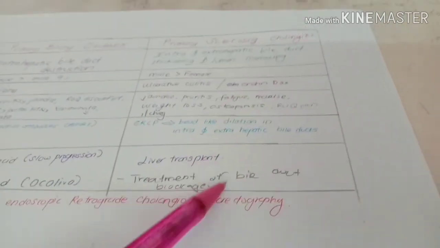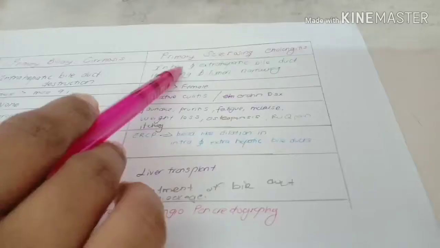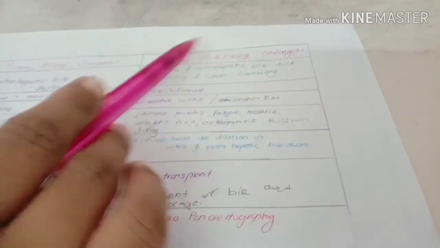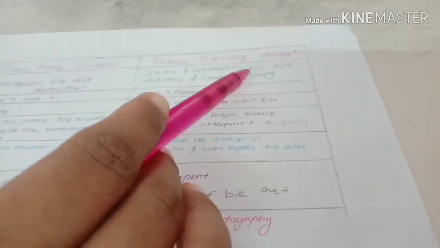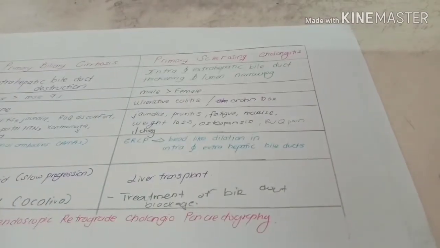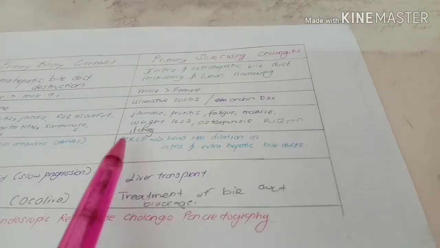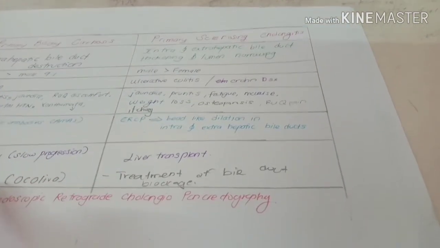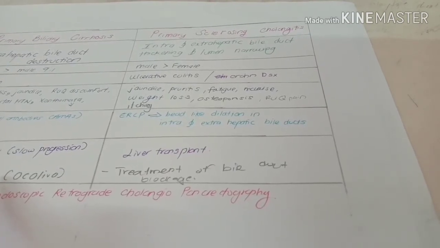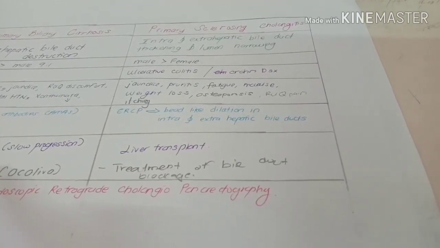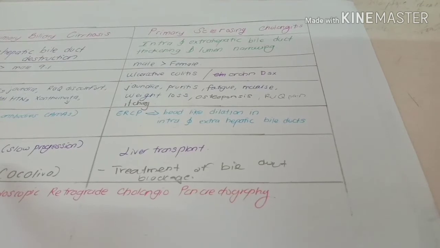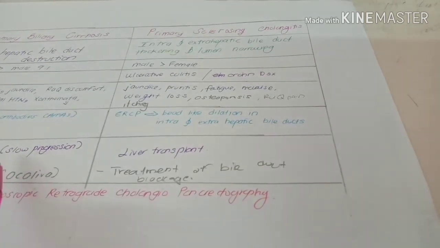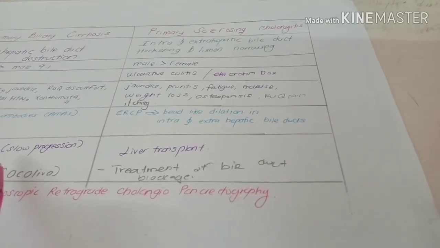Okay, for the treatment of bile duct blockage in primary sclerosing cholangitis. Basically, primary sclerosing cholangitis makes the lumen narrow. So, what do we have to do? We can do ERCP. By doing ERCP, if you have some blockage, we can do a balloon dilatation. What is balloon dilatation? This procedure can open a blockage in the larger bile duct outside of the liver.